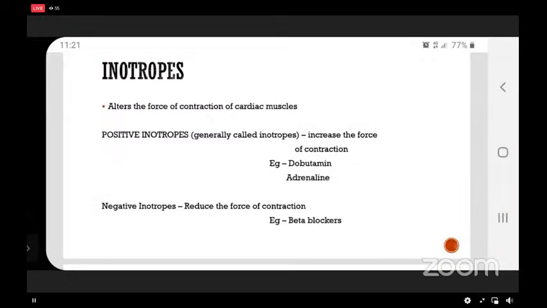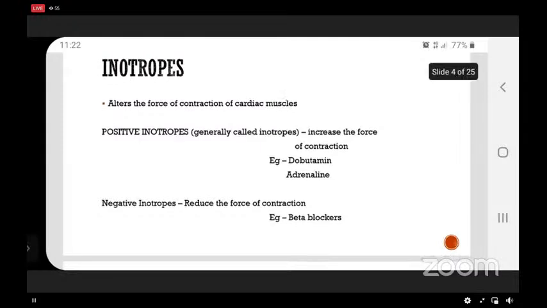is the inotropes. You have well heard about inotropes, but probably you might not know the definition of inotropes. It's any drug or chemical substance that will increase or decrease, in other words, something that alters the force of contraction of the heart is called an inotrope. So there are 2 types. The positive inotropes are the ones that will increase the contractility of the heart, and the other one will reduce the contractility of the heart.